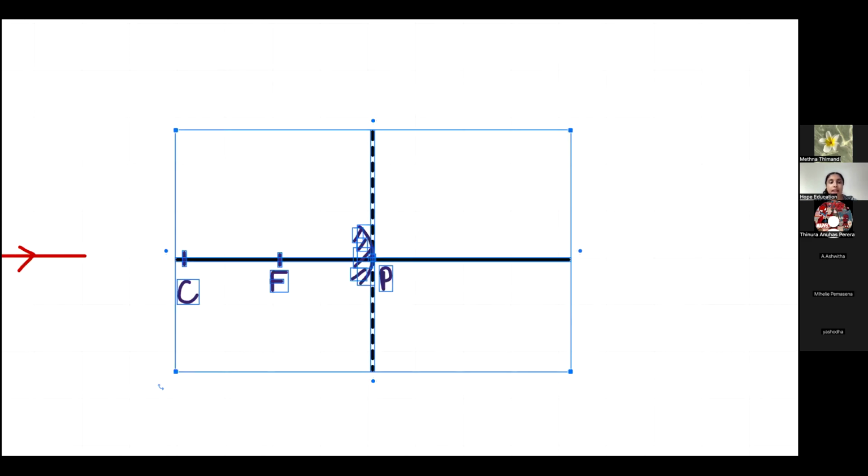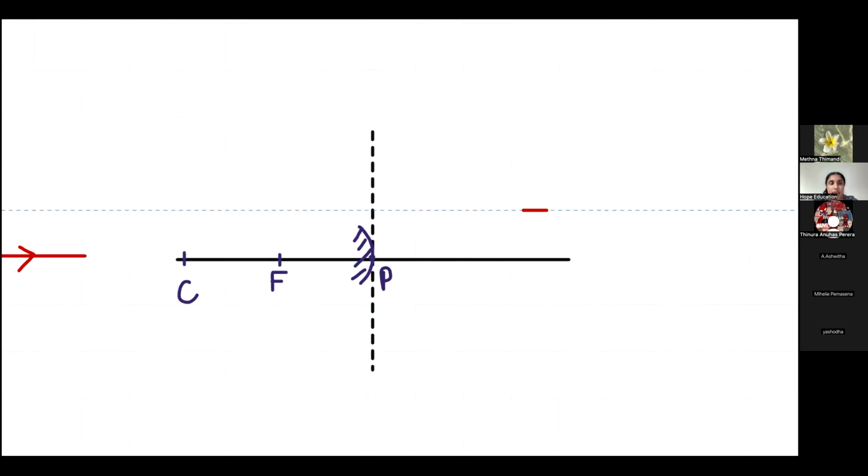Then our second basic reflection. I'm going to send a light ray parallel to the principal axis. In a concave mirror, when I send a light ray parallel to the principal axis, it was reflected through the focal point. That was a concave mirror. In the convex mirror, do we have a focal point at the front of the mirror? We don't have a focal point in front of this mirror. So what do we do?